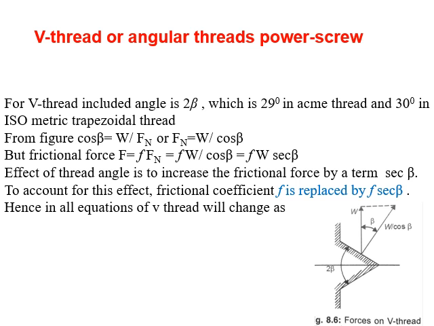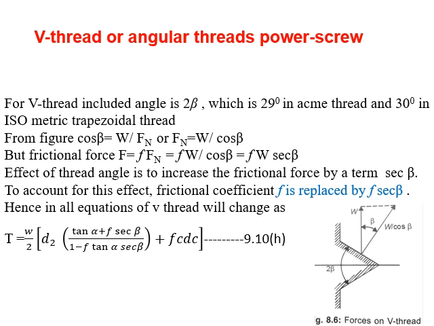So the effect of the thread angle is to increase the frictional force by the term secant beta. To account for this effect, the frictional coefficient f is replaced by f secant beta. Hence, in all the equations for V thread, we change the equation: T is equal to W by 2 into D2 times tan alpha plus f secant beta divided by 1 minus f tan alpha secant beta, plus fc Dc.